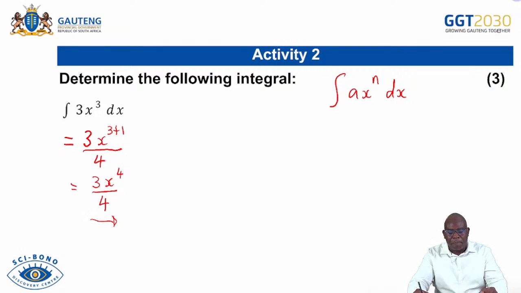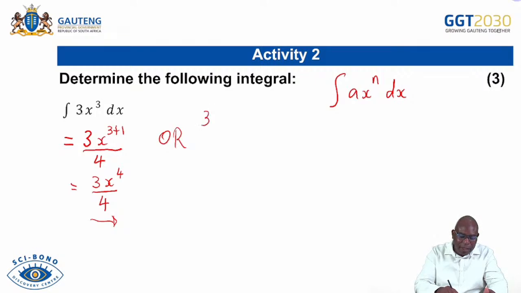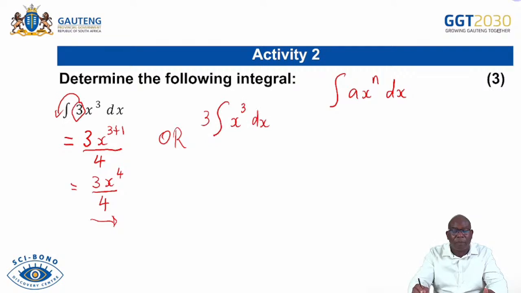Now, the other way of doing this, I'm going to write a big O there. The other way of doing that is, we can first write this 3 on the other side of the integral sign. So I'm going to have 3 and then x to the power of 3 dx, which basically is the same thing. So from there, I'm going to say the 3, and then I open the bracket.